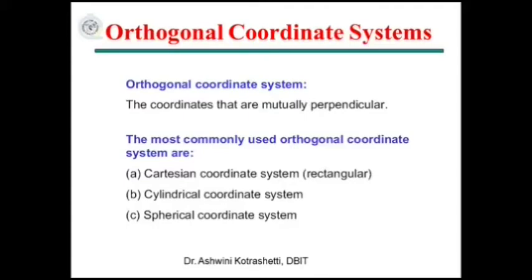The solution of a given practical problem can be greatly facilitated by the proper choice of coordinate systems that best fits the geometry of the problem. And hence, there is a need for more than one type of coordinate system.